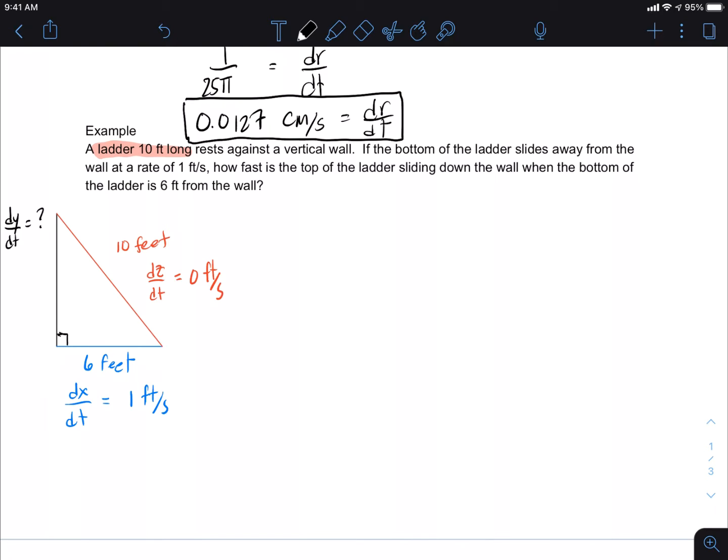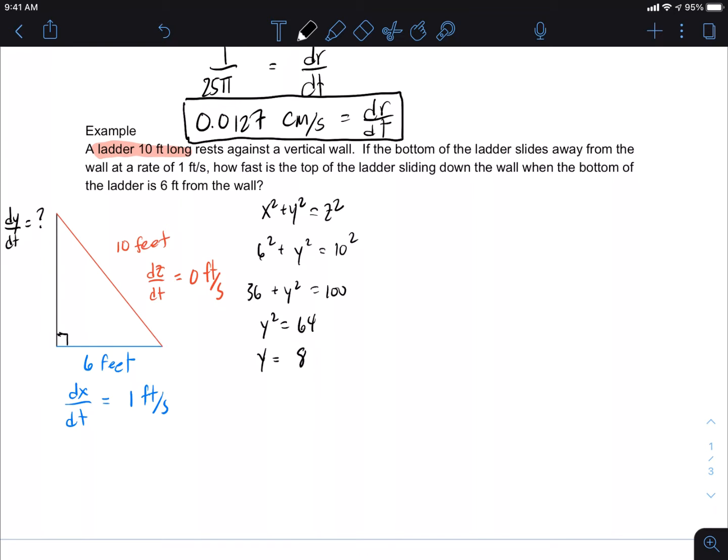The Pythagorean theorem, right? So what we could do is say, okay, we know that x squared plus y squared is equal to z squared, correct? And we know x, that was 6 squared. We don't know y, but we do know z to be 10 squared. So we're going to get 36 plus y squared is equal to 100. y squared is equal to 64. So y has to be plus or minus 8.